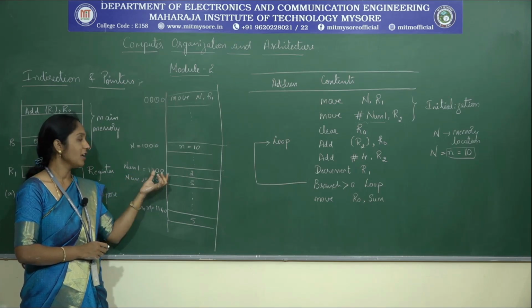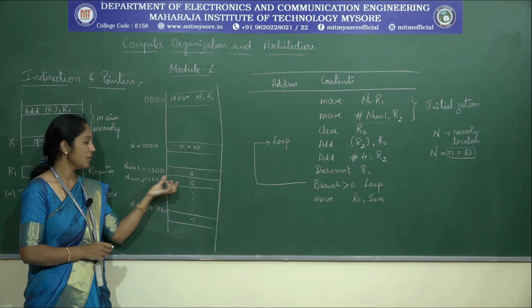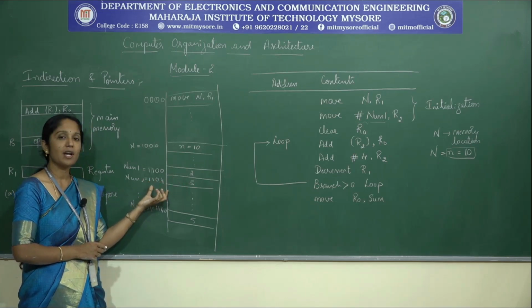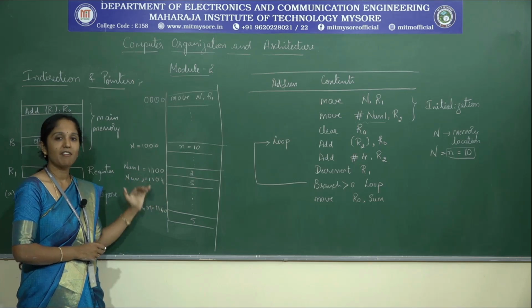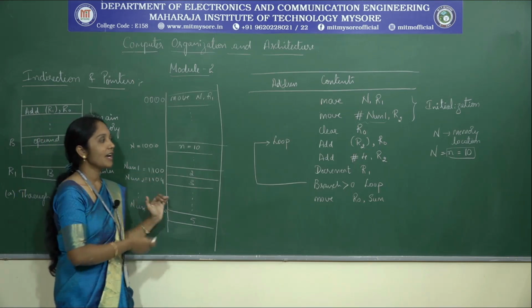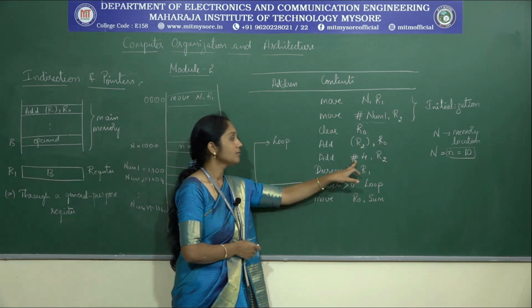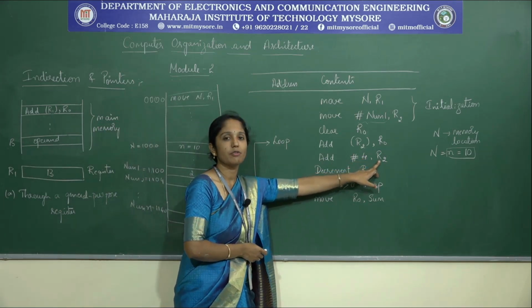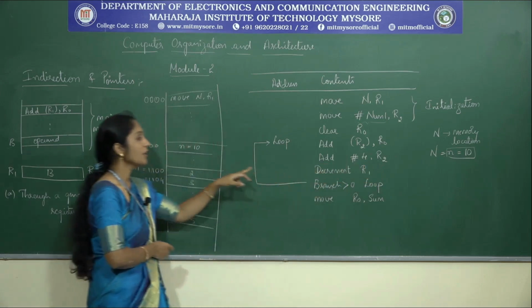Therefore you will have 1100 for the first number, the next number will be 1104, the next 1108, and so on. Each will have a difference of 4. Therefore we are adding 4 to the contents of R2, for the memory location.